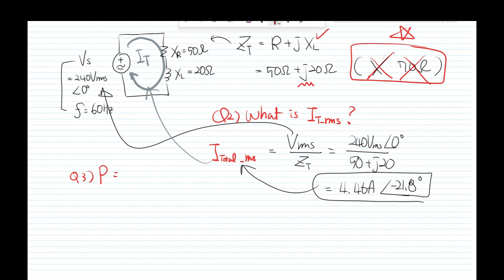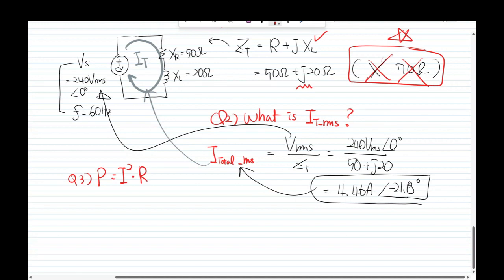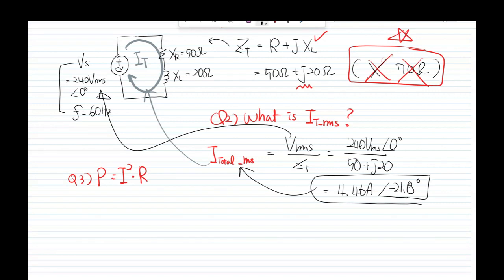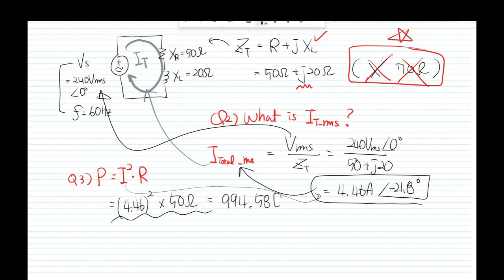The active power of the circuit is I squared times R. The I is 4.46 squared times 50 ohm, because we have already calculated I from question 2. So that is 994.58 watt.